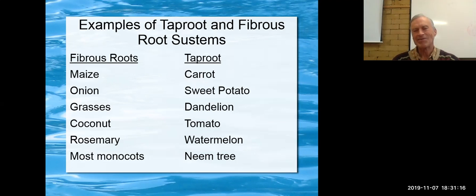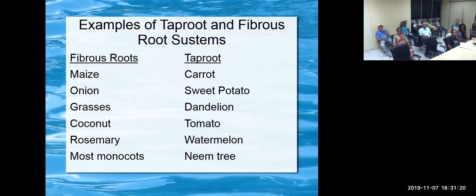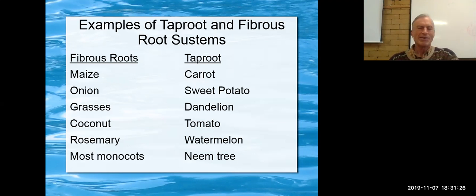No, I don't know of any. So it's the vast majority. Good. And rosemary is not a monocot, but it also has a fibrous root system. There are some dicots that have fibrous systems, but I'm not aware of any monocots that have a taproot.